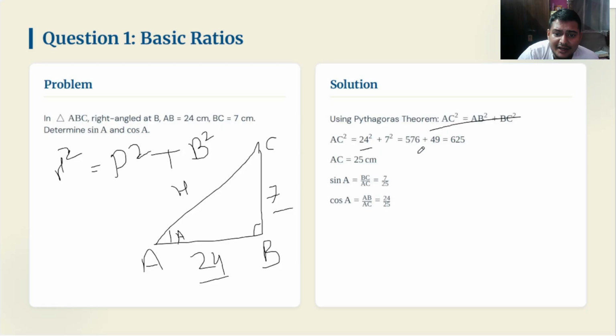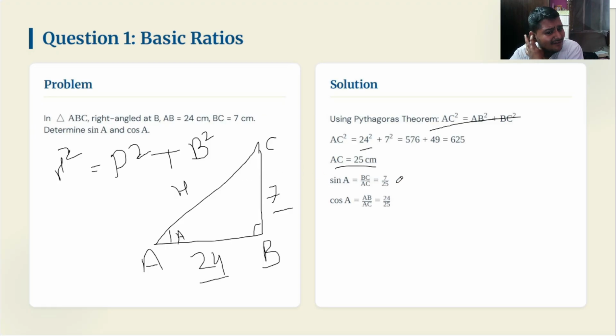Adding them, we get 576 plus 49. So AC equals root 625, so AC equals 25 centimeters. So the hypotenuse is 25 centimeters.